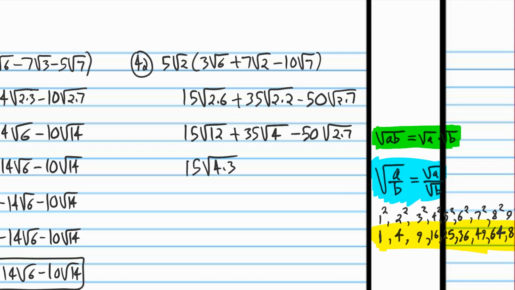And we'll refactor 12. And root 4 is just 2. What number times itself equals 4? That's 2. 4 is a perfect square. So the root just goes away. It's extremely important to understand that if it's a perfect square inside the root, then the root just goes away completely.